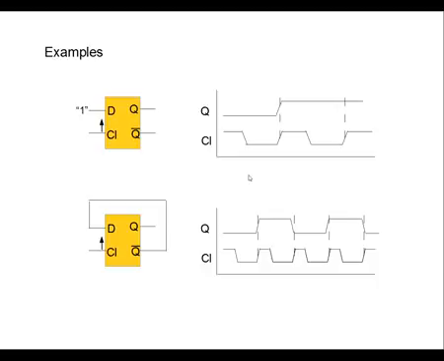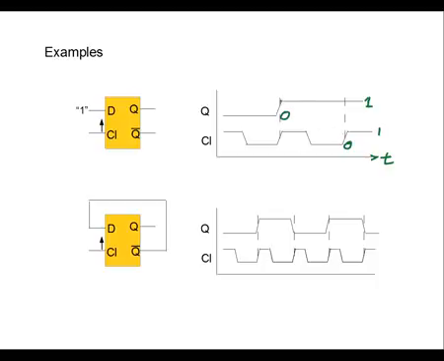Okay, so let's look at some really simple, kind of fun examples. Let's see. So this is a flip-flop. It has a 1 for D, and let's say Q is initially 0. So this is time, and I'm going to call this a 1, and this a 0. These are the little waveforms.